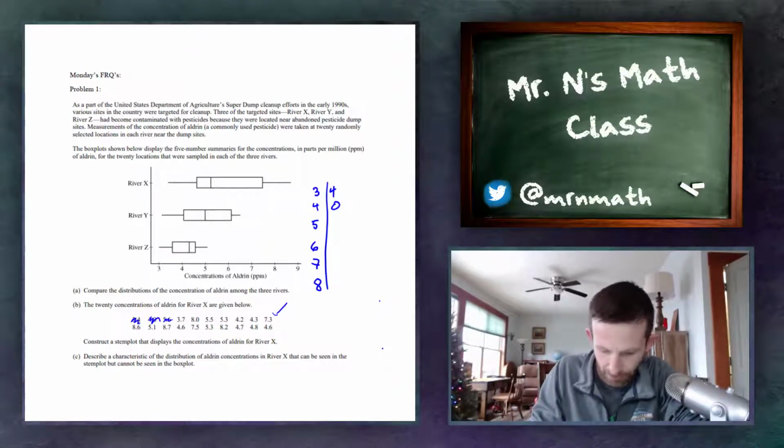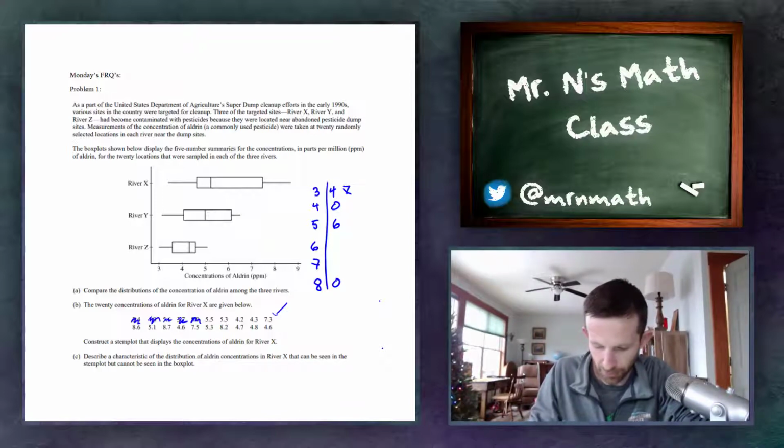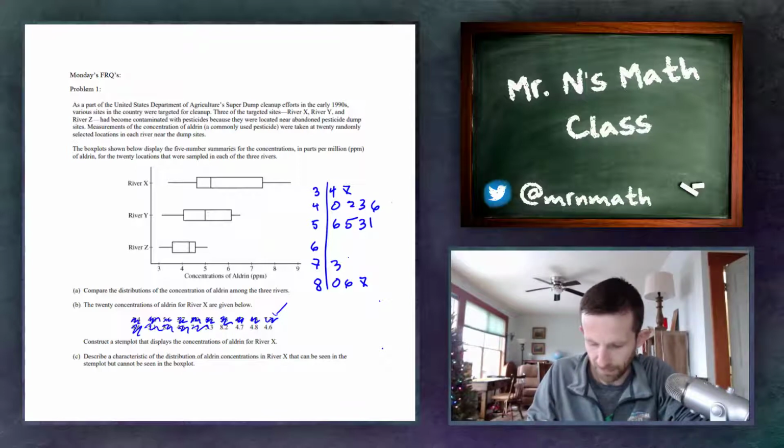4.0, 5.6, 3.7, 8.0, 5.5, 5.3, 4.2 and 4.3, 7.3, 8.6, 5.1, 8.7, 4.6, 7.5.